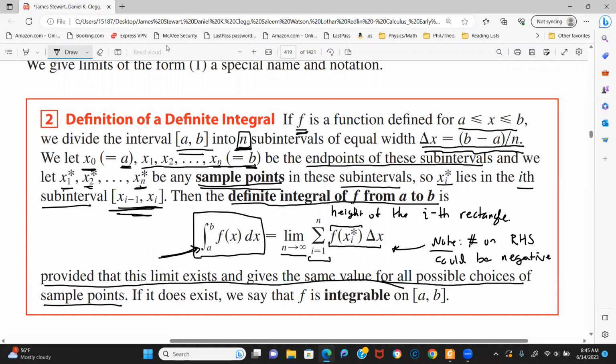You could choose the left endpoint as your sample point, or the right endpoint, or the midpoint, or some point three-quarters of the way, or any other fraction of the way you want. That has to work for every collection of sample points.